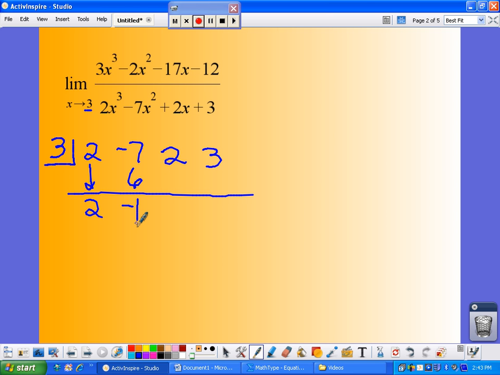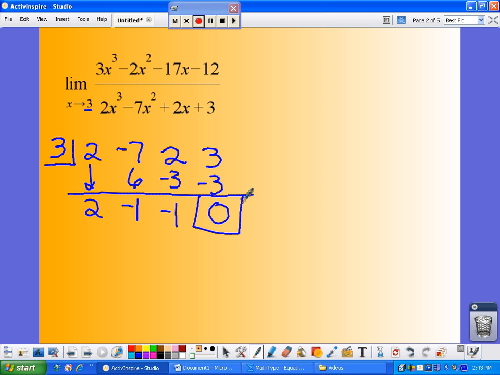Let's see, the next one. 3 times -1, that gives me -3. Add those two together and I get -1. 3 times -1 is -3. Add them together and we got 0. That's fantastic because now we know that 3 makes this thing equal 0, because synthetic division is actually the same thing as plugging 3 in.